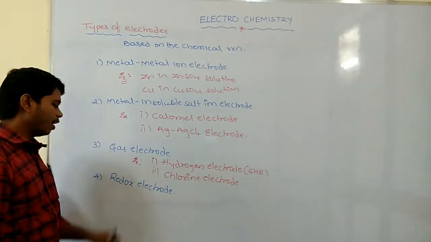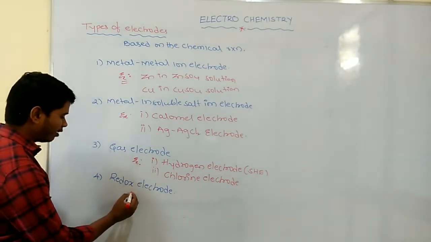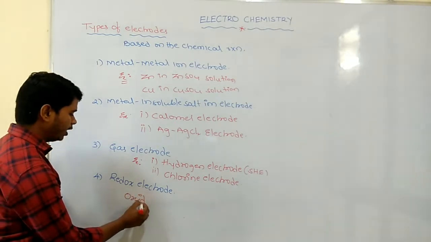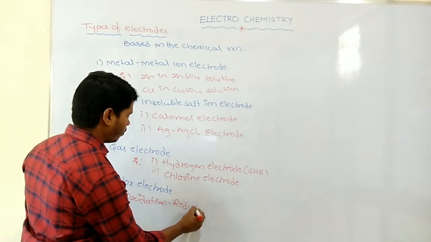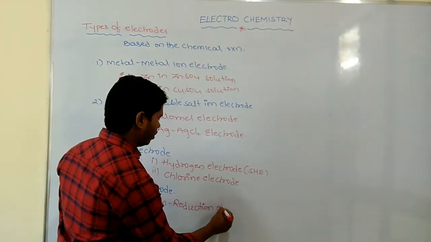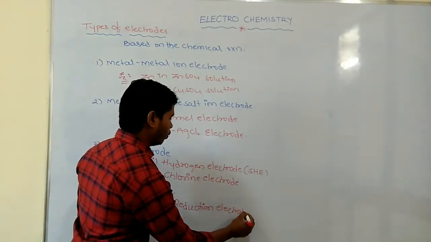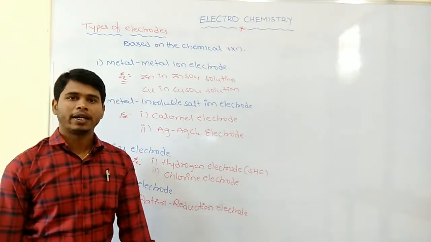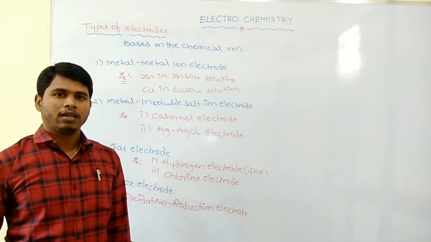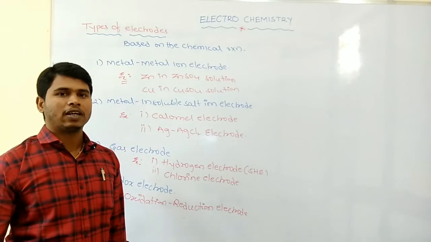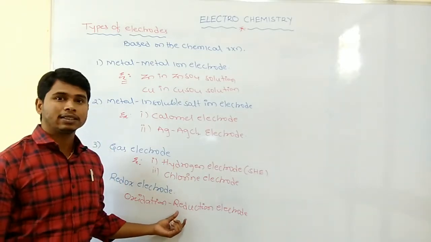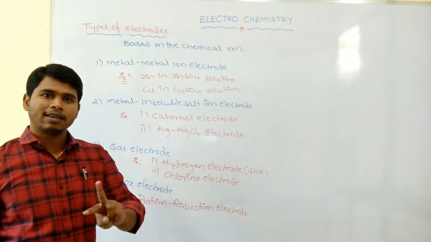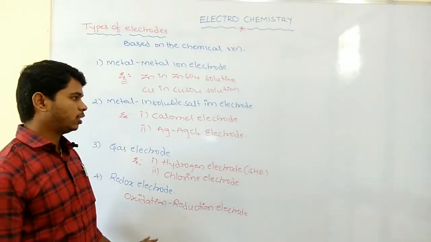Next is the redox electrode, also called an oxidation reduction electrode, where a single metal is involved in both oxidation and reduction. That is, the metal ion exists in both the oxidized and the reduced state.